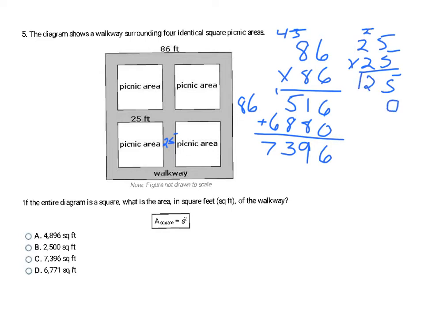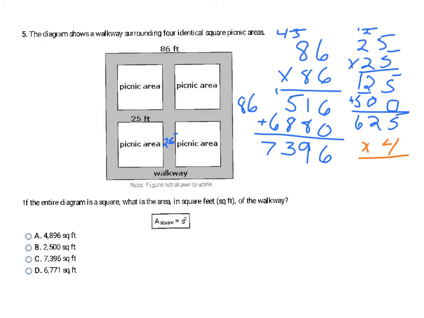Write down my 0. 2 times 5 is 10. Carry the 1. 2 times 2 is 4 plus the 1 is 5. And then I'm going to go ahead and add that, and that's going to be 625. However, there are 4 of those squares, so I'm going to have to multiply this times 4 to find the total area that's missing.